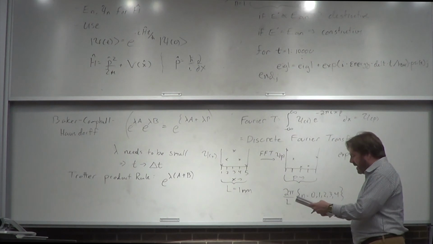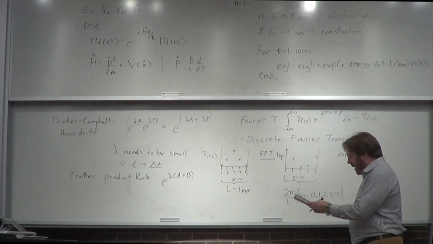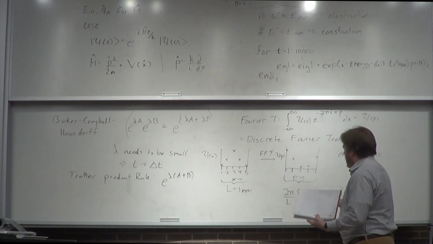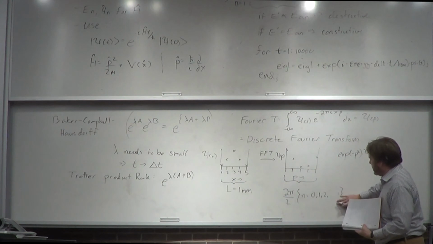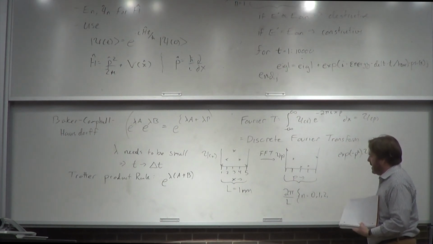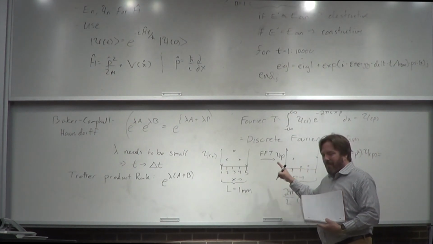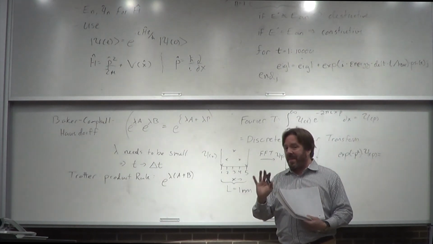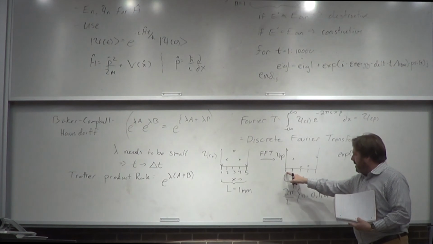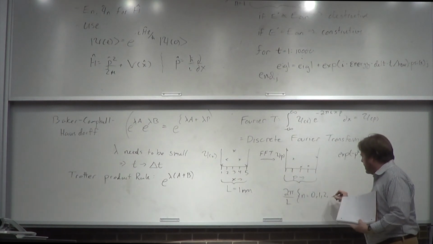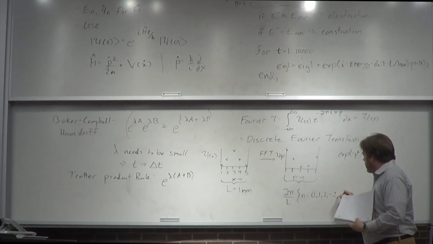Okay, that isn't quite totally correct though, because here's how it really works. I wanted to just ease you into this and make it easy. However, MATLAB has a weird thing that it does. n is 0, 1, 2, minus 2, minus 1.